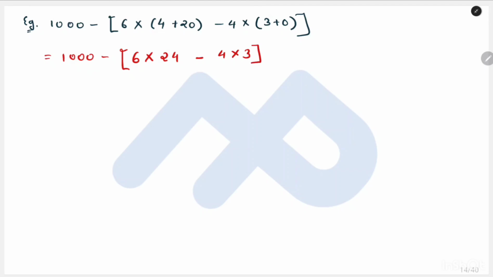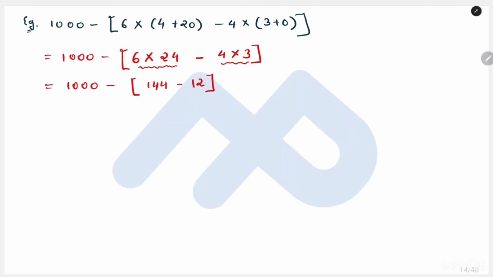Now we'll solve the bigger bracket. But if you see inside this bigger bracket, there is multiplication as well as subtraction. So here also we'll use that BODMAS, that multiplication comes before the subtraction. So we'll solve the multiplication first, and we can solve both the multiplications simultaneously. So this 6 times 24 is 144, and 4 times 3 is 12.